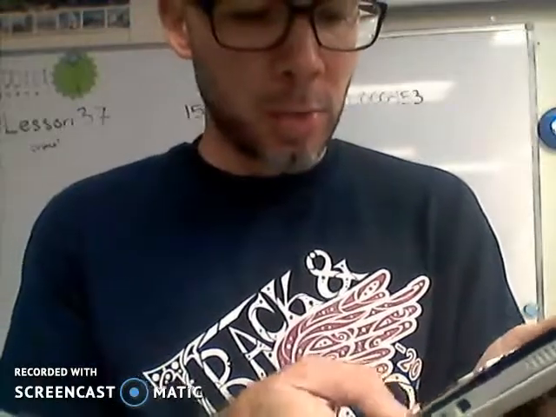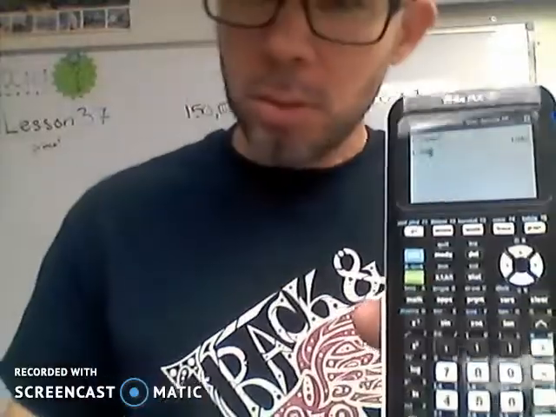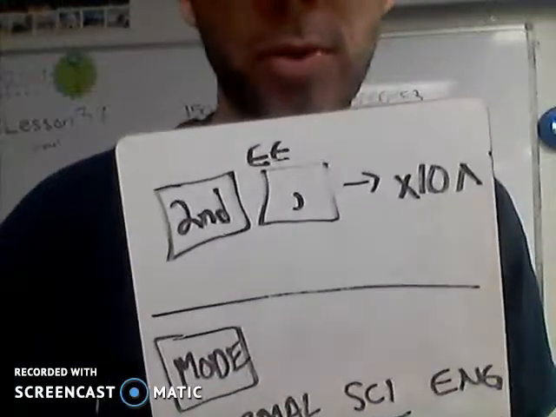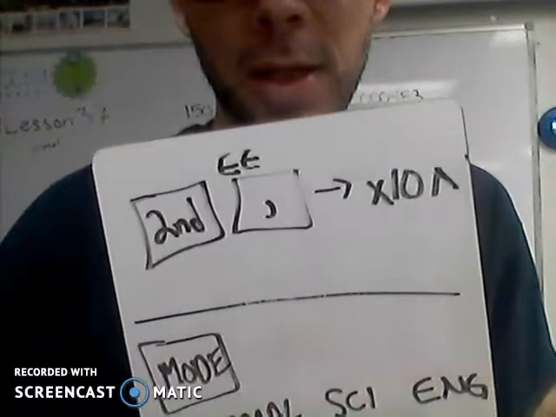Another way to write 1.08 times 10 to the power of is this button right here. Let me show it to you. This is how you would get to it, using the second and then hitting the comma. The thing above it says EE, which I've looked up. I think it came from engineering, and it has to do with exponents.